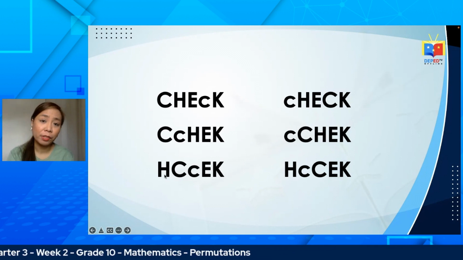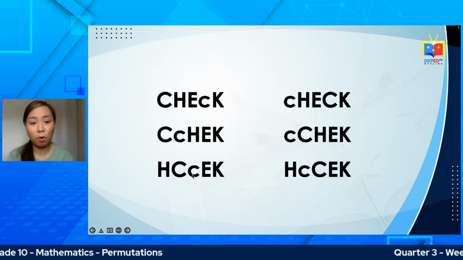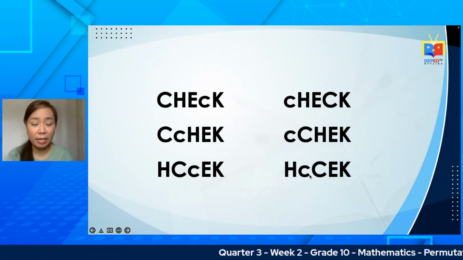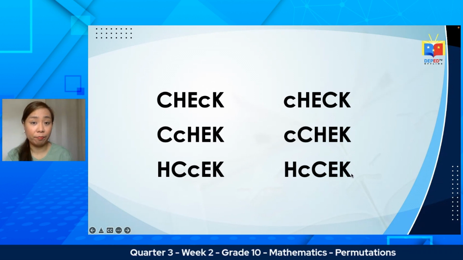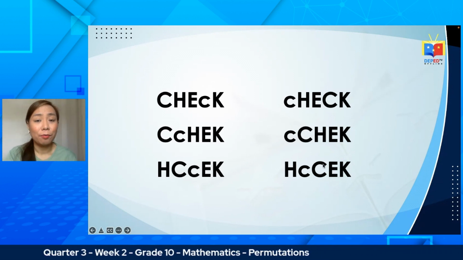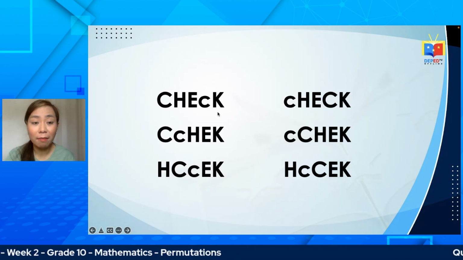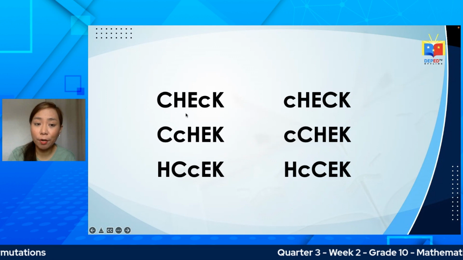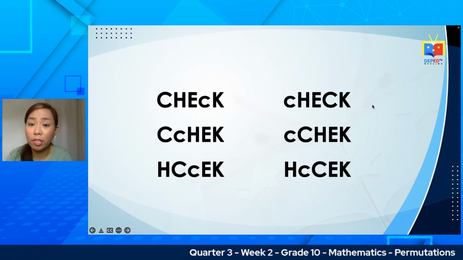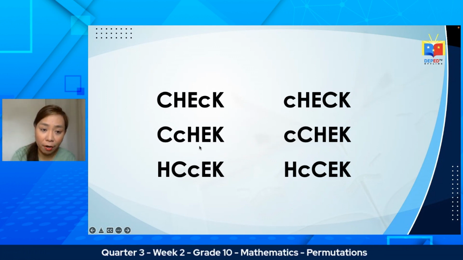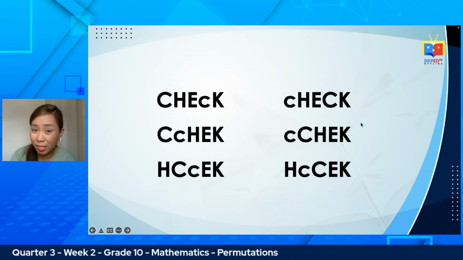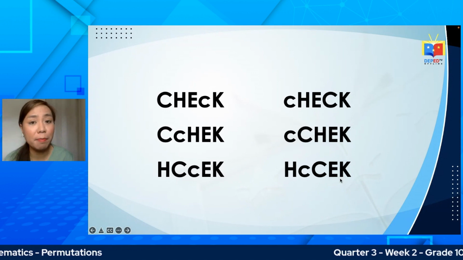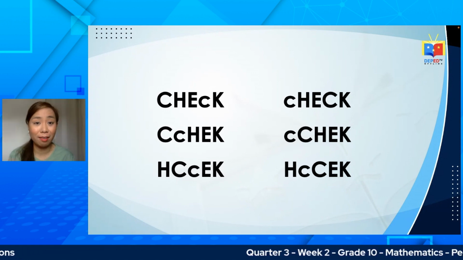It could also be H, capital C, small c, E-K, or H, small c, capital C, E-K. Take note, we have 2 C's, small and big, but in reality, they are just the same. Therefore, this arrangement is actually just the same with this one. Also, another pair of arrangement are just the same. And also this one and this one. So there could be more of the same arrangement in this problem.